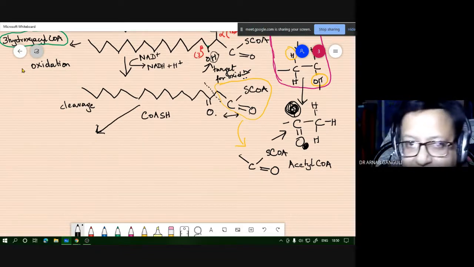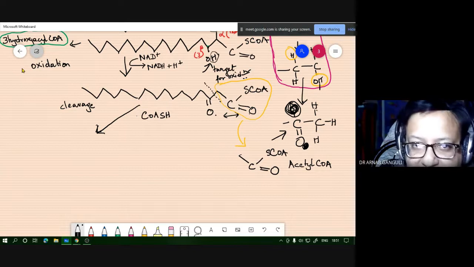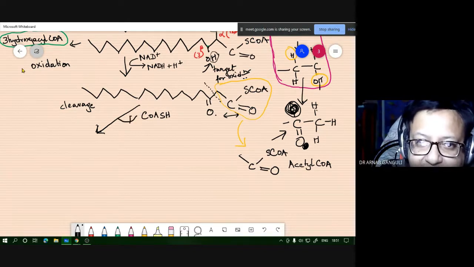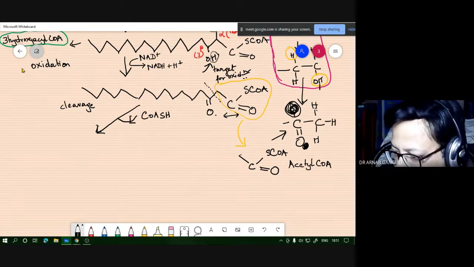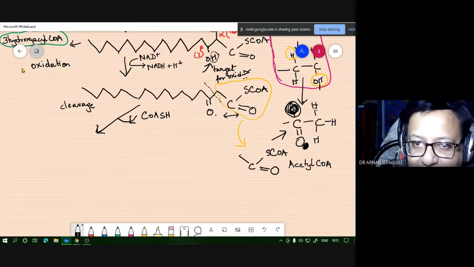And this O, another CoASH will enter inside. Result is this CoA SH, this double bond.